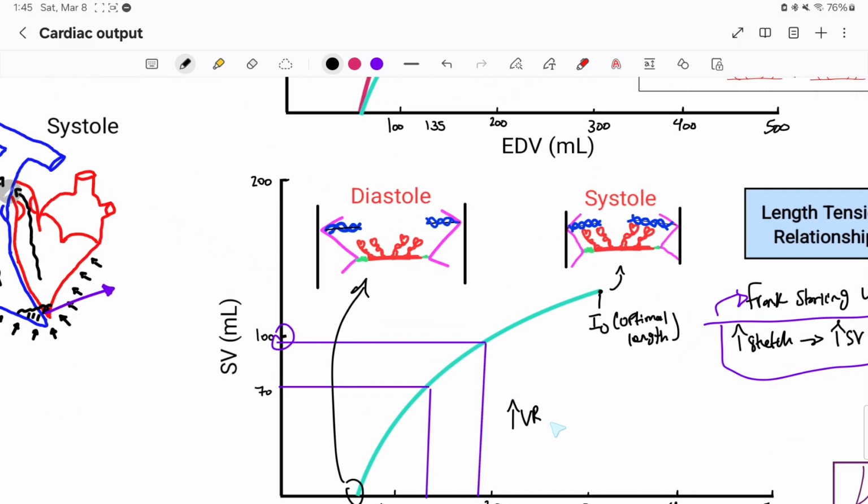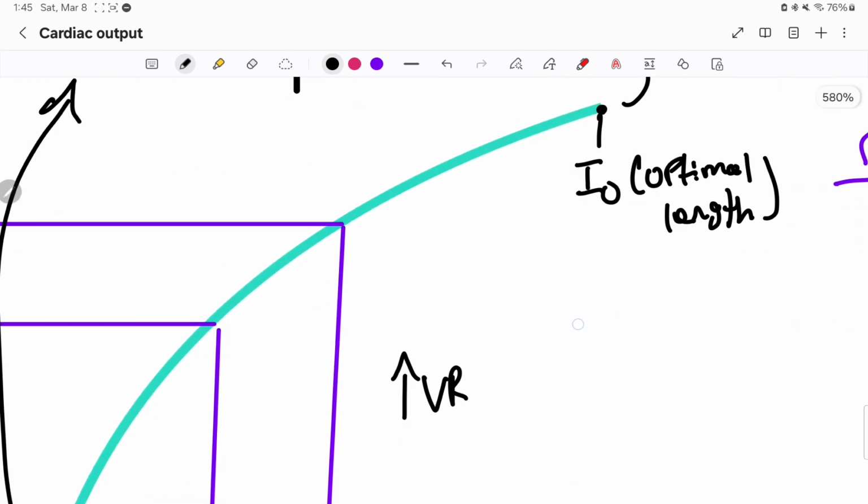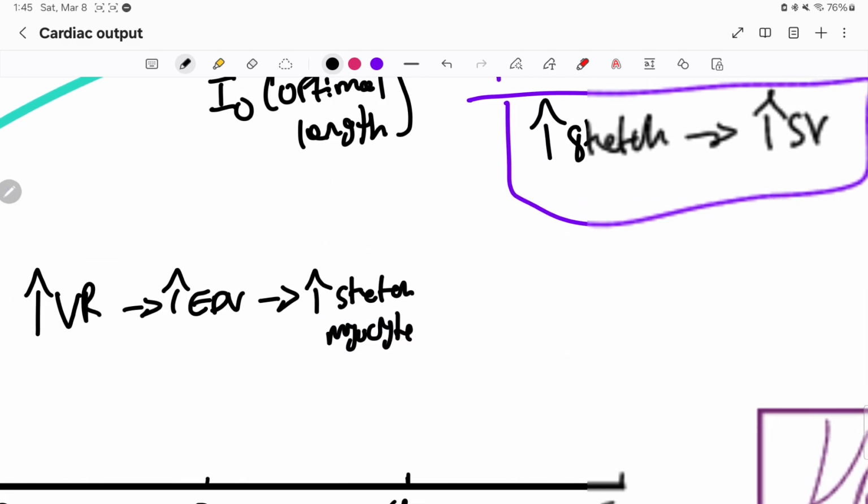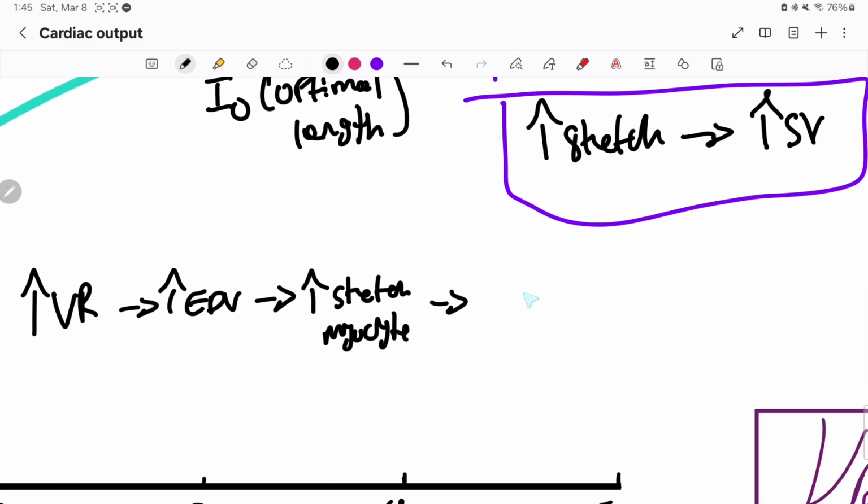A high venous return can increase the end diastolic volume, which will then increase the stretch on the myocyte, okay? And the myocyte getting stretched will reach an optimal length.